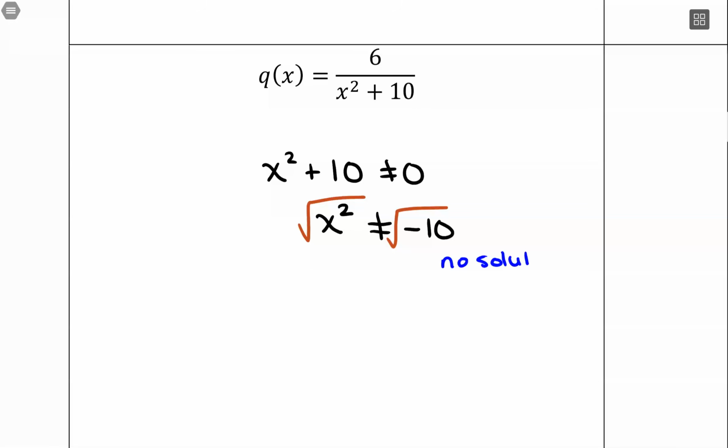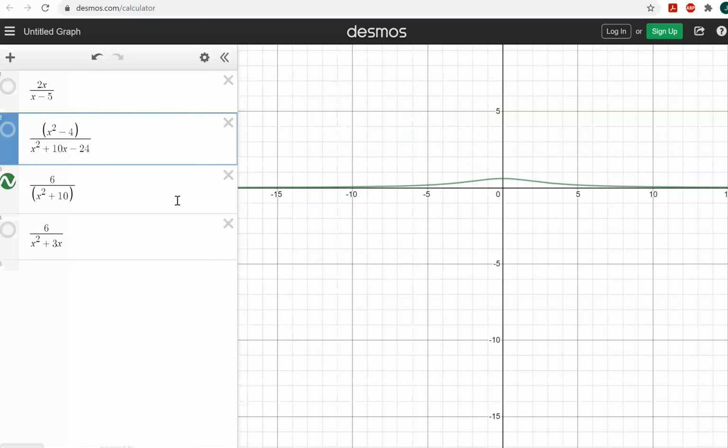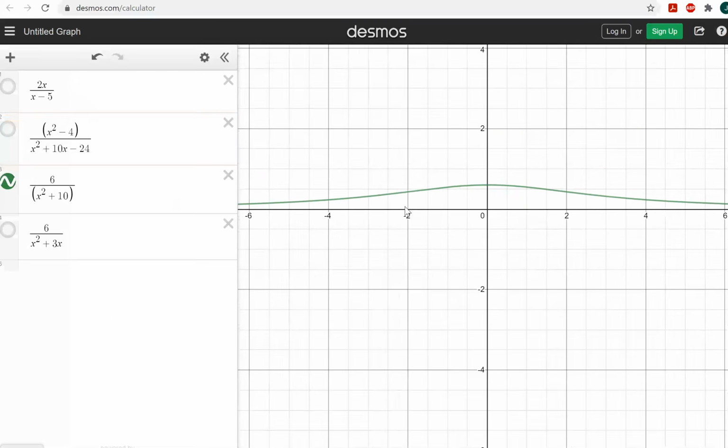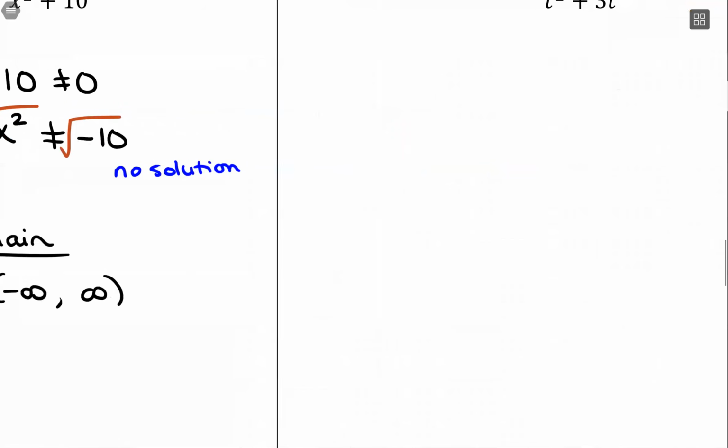This is where the wording will get tricky, but we're trying to find restrictions on x here, and this basically shows there are no restrictions for x, which means for our domain, we're going to have all real numbers. x can be absolutely anything. So all real numbers, negative infinity to positive infinity. If we look at the graph for this one, you can see this function is defined absolutely everywhere. So that one's all good, all real numbers.